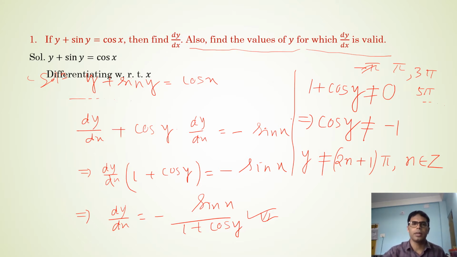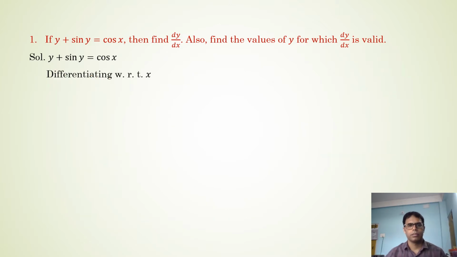Now you see the printed part of this solution. Here I have written differentiating with respect to x. Then dy/dx is the differentiation of y, and cos y is the differentiation of sin y, and the right side is minus sin x.